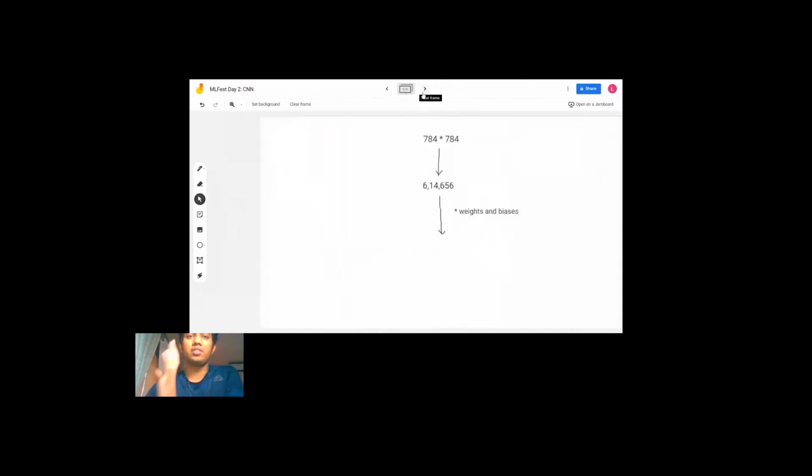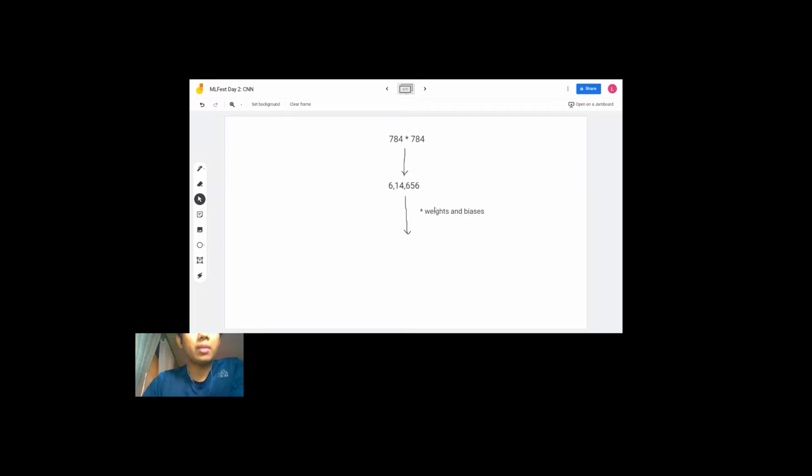Suppose, for example, consider the previous image, a 784 by 784 image. If you do the mathematics, thanks to the calculator, it told me we get around 6,14,000 neurons. We get 6 lakh neurons just in the first layer, in one dimension, obviously.